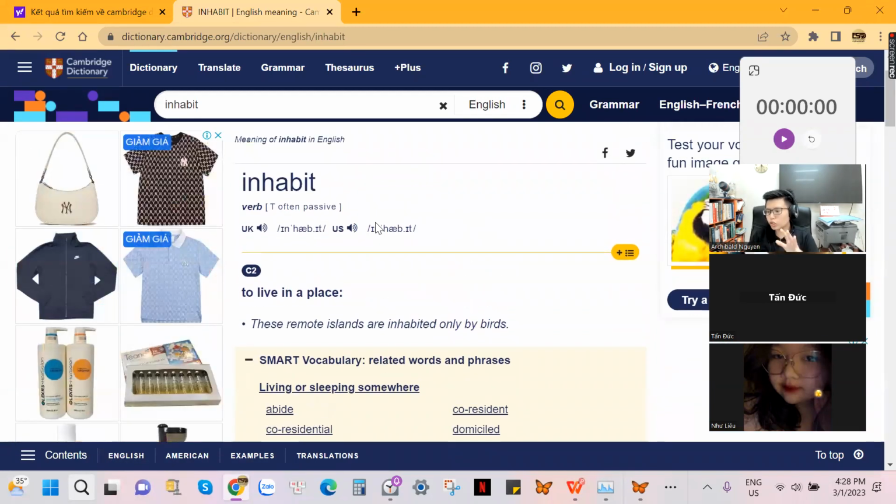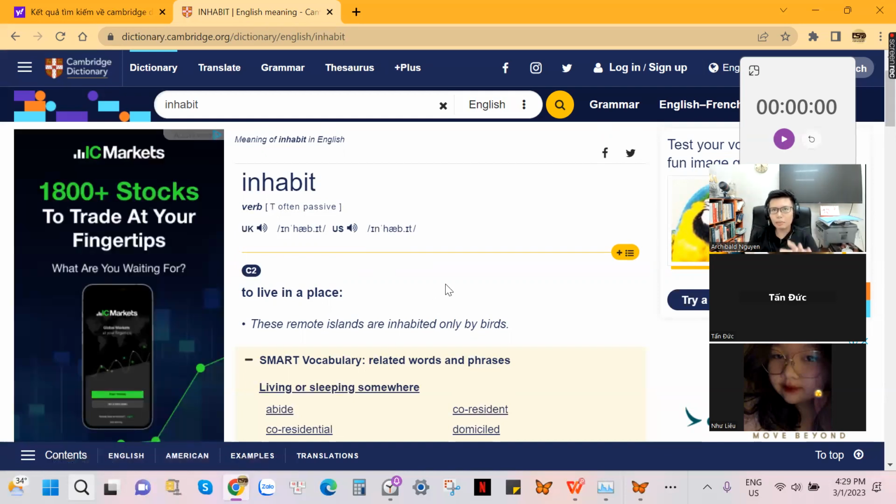The way to use it: I inhabit my family in a house. You are inhabited in a house by your parents, or the house is inhabited by you.